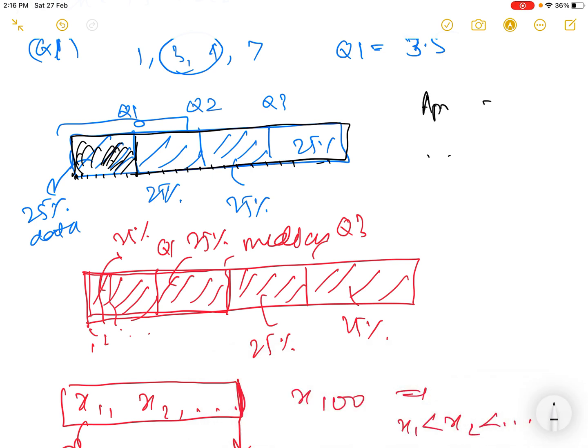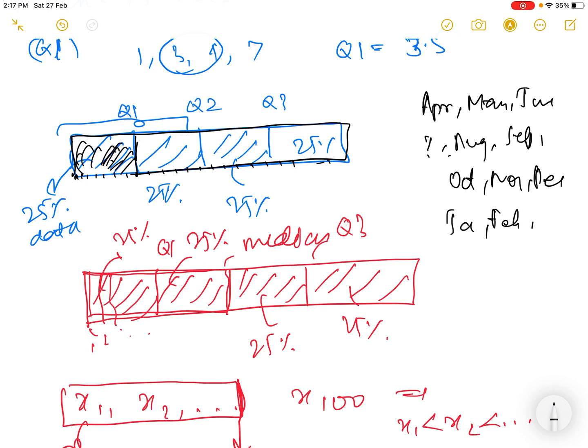Say our year starts with April: April, May, June, July, August, September, October, November, December, January, February, March. This is your 12 months, and your quarter one starts from April. So April, May and June will be your quarter one.